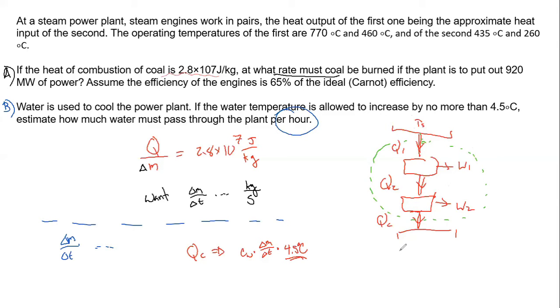The only thing that's going in is which, Q or W? Q1. But then what three things do I have leaving? Work 1, work 2, and QC.